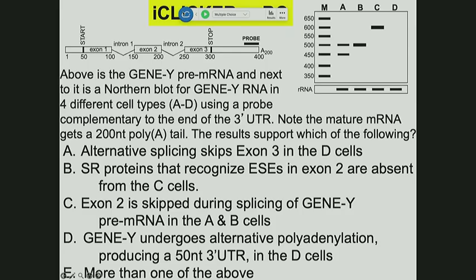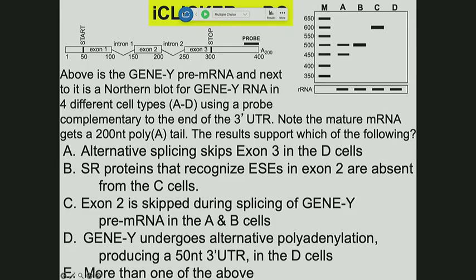You can have two different splicing events in the same cell. Remember, lots of that pre-messenger RNA is being made, and maybe those cells have half the amount of SR proteins that are needed to recognize those ESCs. So half the time it's recognized and you get the right size RNA. The other half of the time it's skipped and you get a different isoform. Does that make sense? All right, so C is not correct.